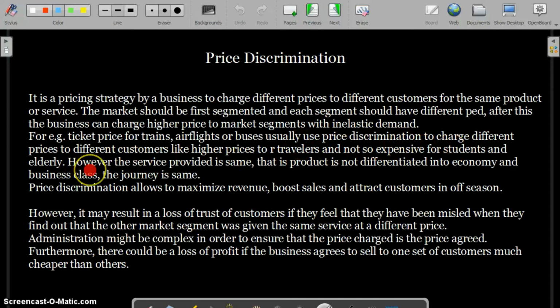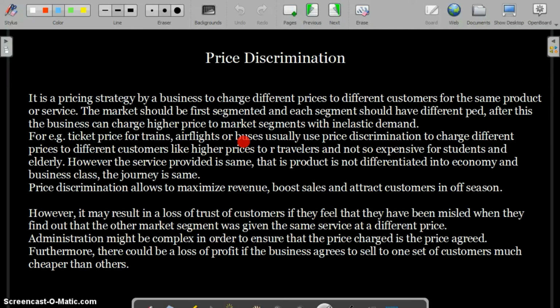So the business travelers always have to take one form of transport, so the demand is generally always high, hence they try to make use of that.